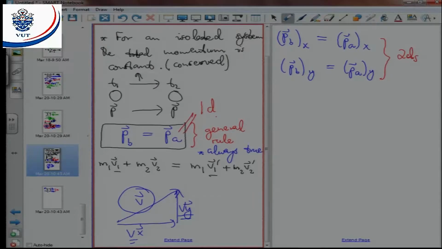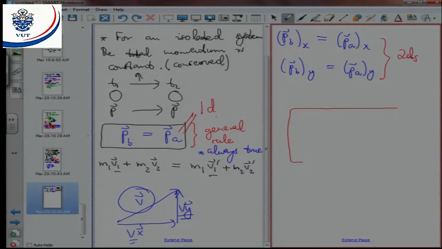Okay, so now that we have the conservation of momentum, let's have an example. Say you are playing pool with your friends. Remember that pool has 6 holes: 1, 2, 3, 4, 5, 6.